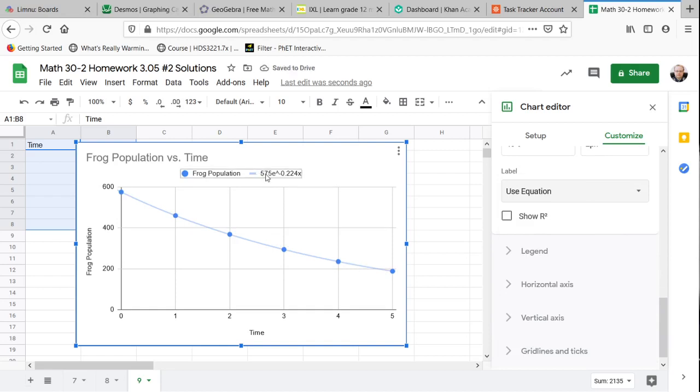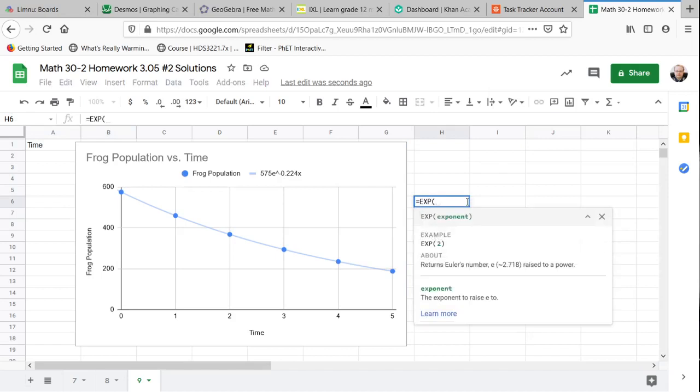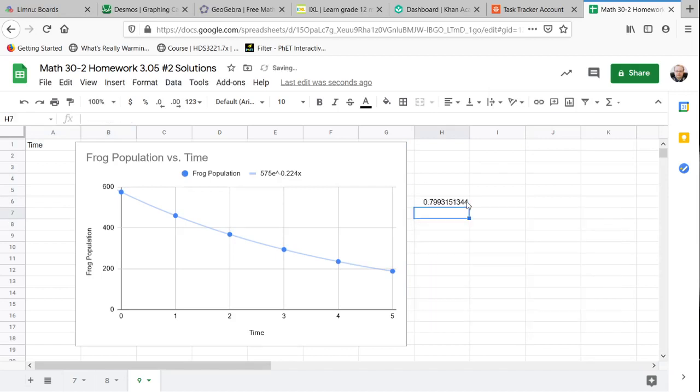So it's 575 times e to the exponent negative 0.224. So what is e to the negative 0.224? That number is about 0.799, or about 0.8.